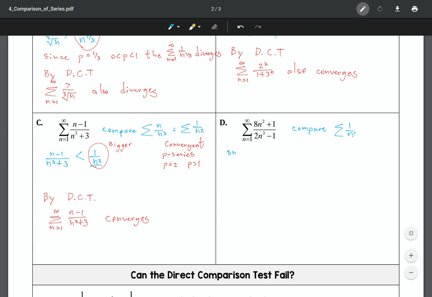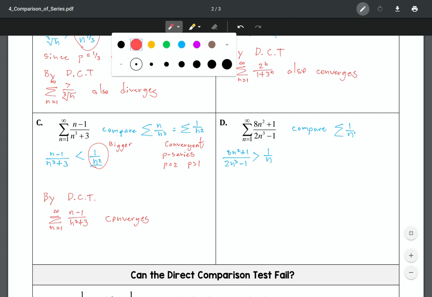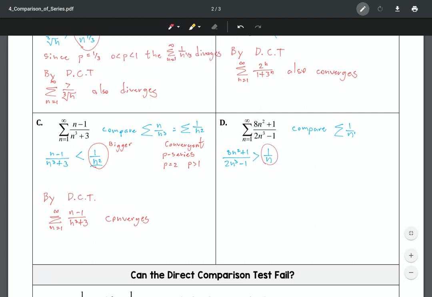So what I'm hoping for is that this right here is greater than 1 over n. And again, if you do the same method as last time, plugging in n equal to 1, 2, 3, 4, 5, eventually you'll find out that this one is indeed bigger, which is good. So it's going to fit into the second one.